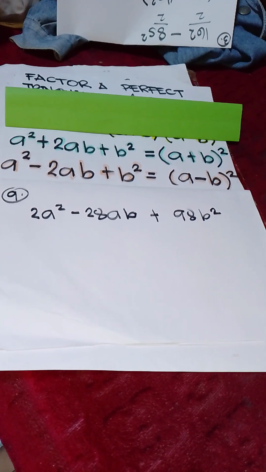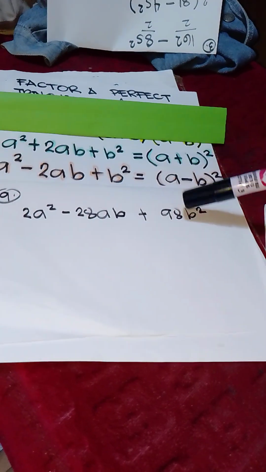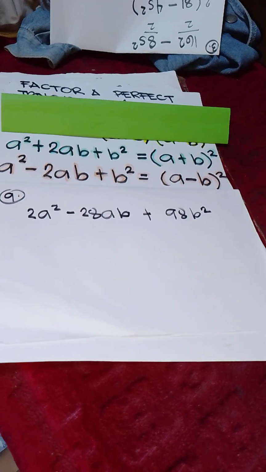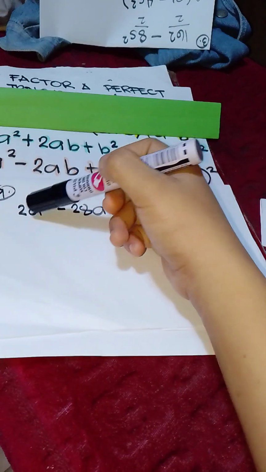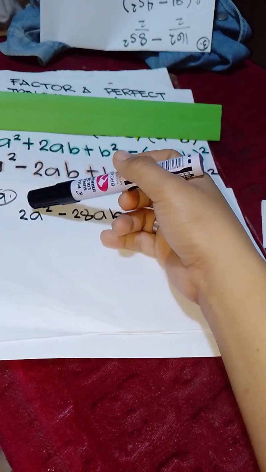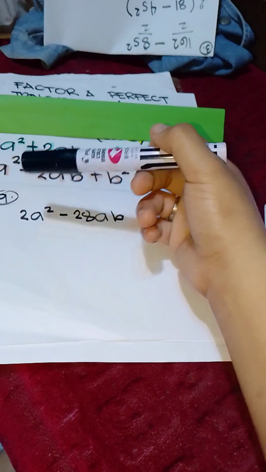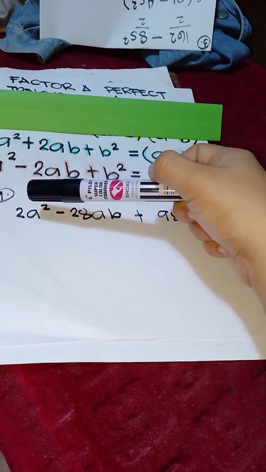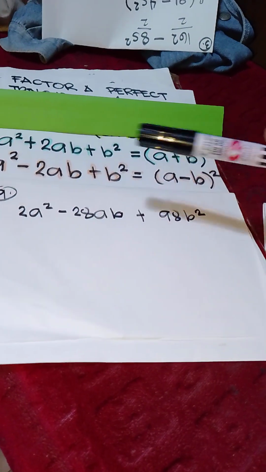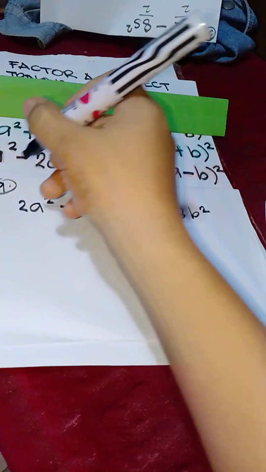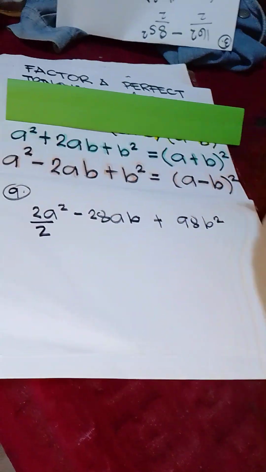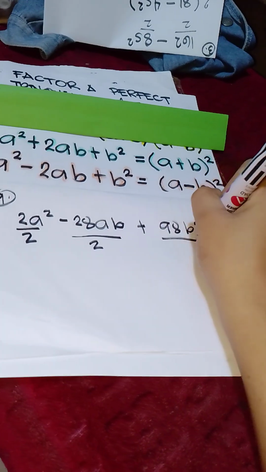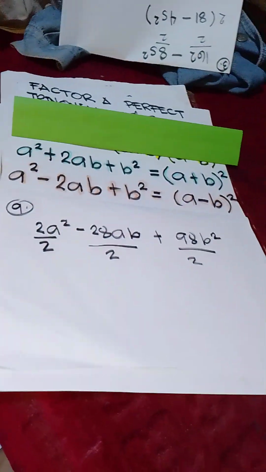But all of the terms have numerical coefficients that can be divided by 2. So to make this a perfect square, we are going to eliminate 2. So if we divide 2 in the first term, we have to divide it in all of the terms. So if we divide 2 here, for the second term, we're also going to divide it by 2, and also for the third term.